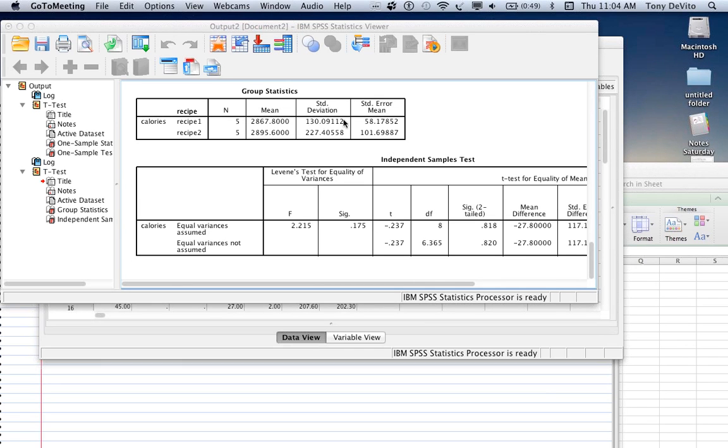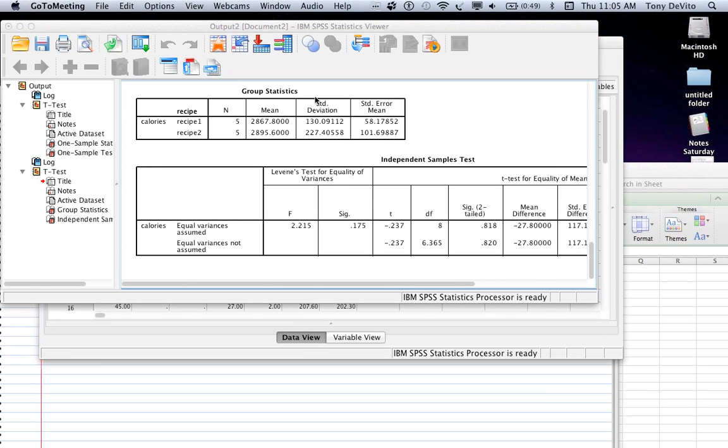It's a little bit different, right? The standard error for each one of these, based on the sample size, is the standard deviation divided by the square root of 5 and so on for each group. SPSS then does an analysis to determine whether we can say that the standard deviations, the variability between these two groups, is the same or different.